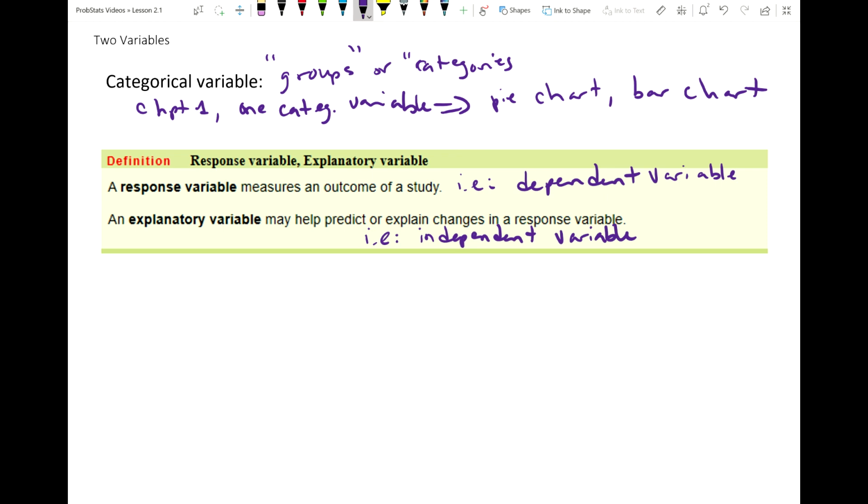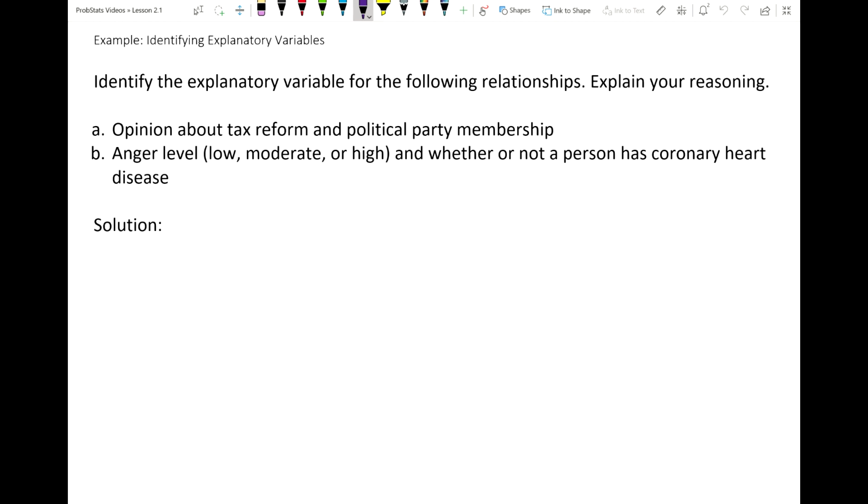All right, so we want to be able to determine what is the response variable or what is the explanatory variable given a study. So we want to identify these for the following relationships. The first part is opinion about tax reform and political party membership. In this case, the explanatory variable is whatever can explain the change in the outcome.